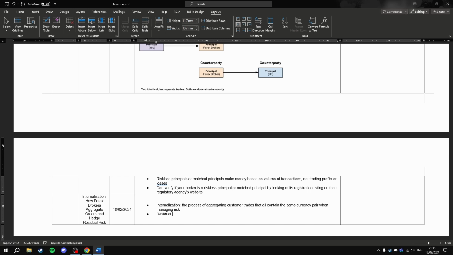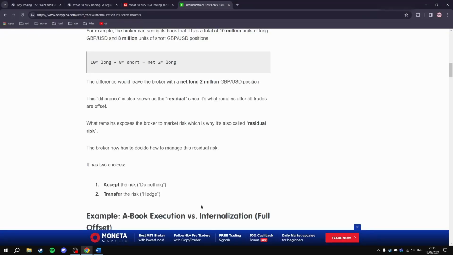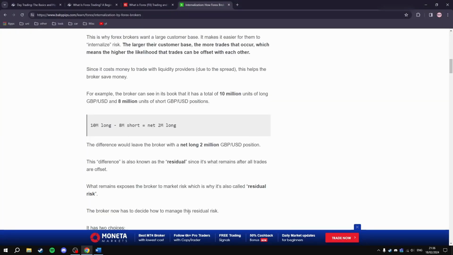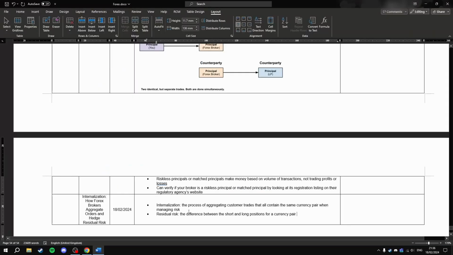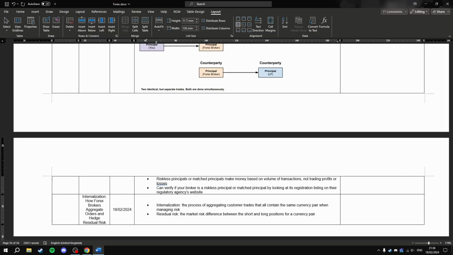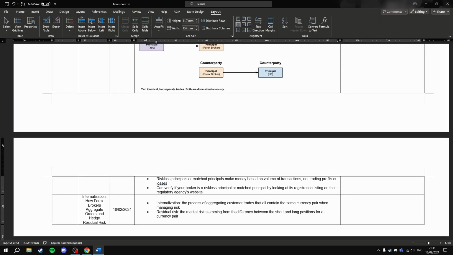So residual risk, which is the market risk stemming from the difference between the short and long positions for a currency pair.